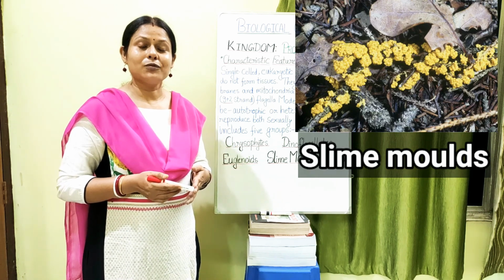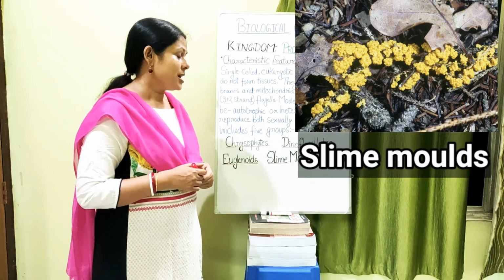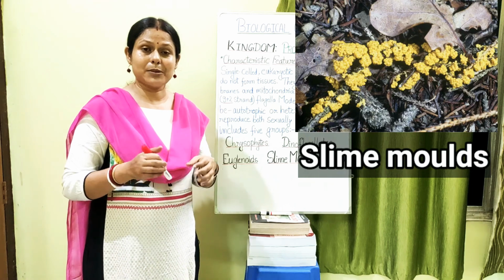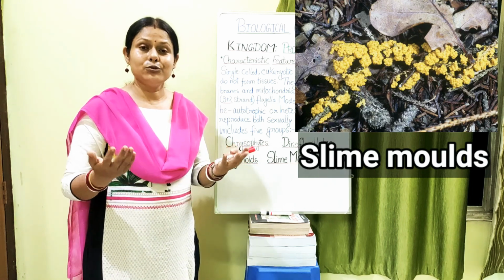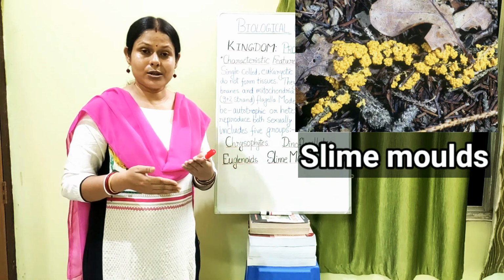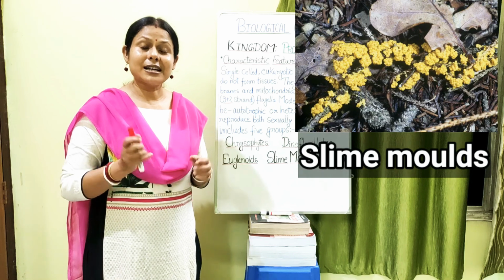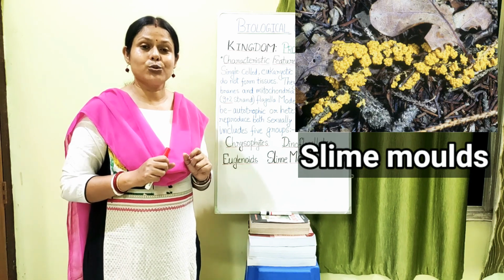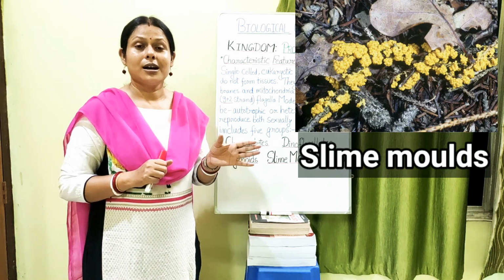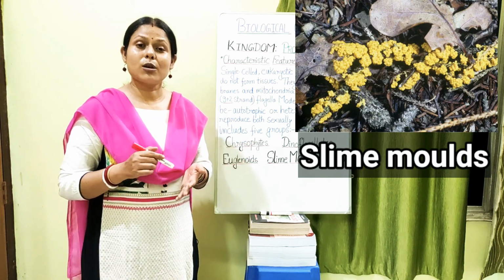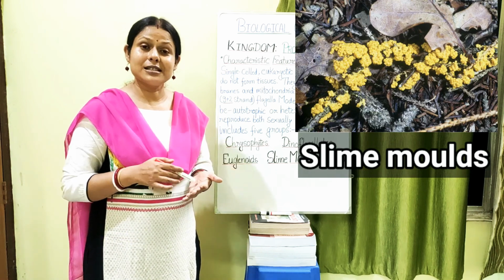And during the sexual stage, the plasmodium gets liberated and released, and then fusion of two isogametes takes place, resulting in the formation of the zygote. At that time, it has an outer covering which we call a cell wall, and its composition is the same as that of a plant's cell wall, that is, it is made up of cellulose.